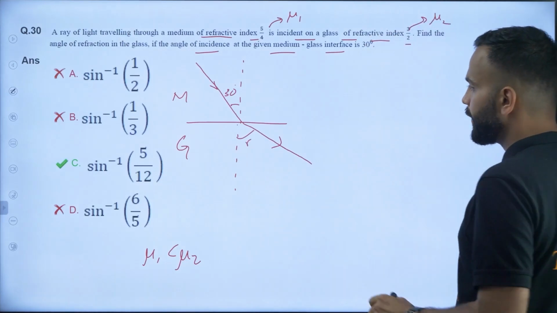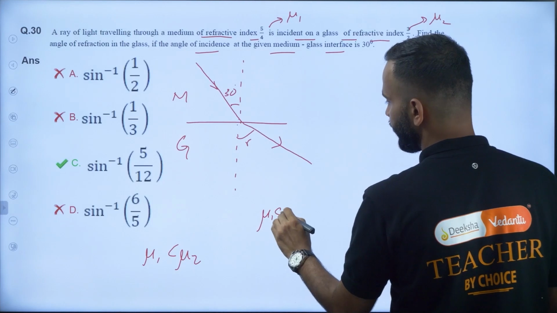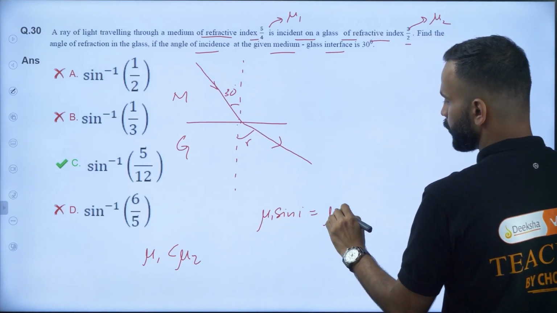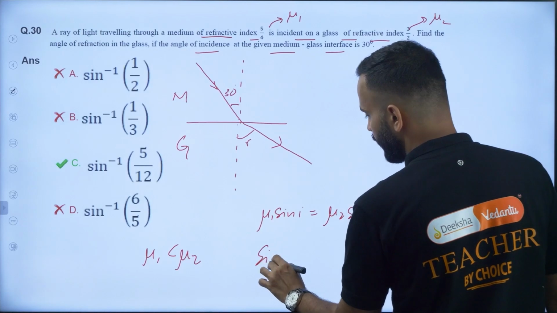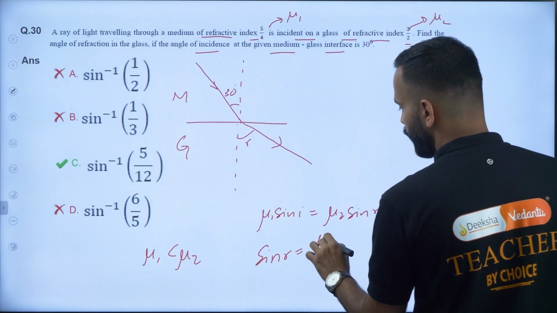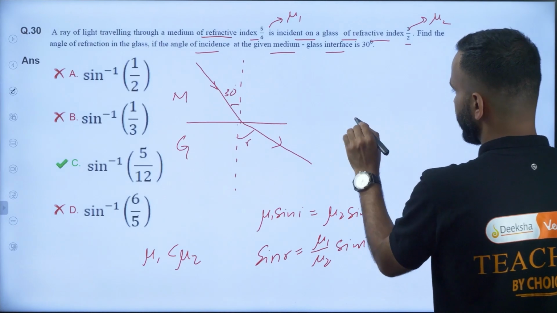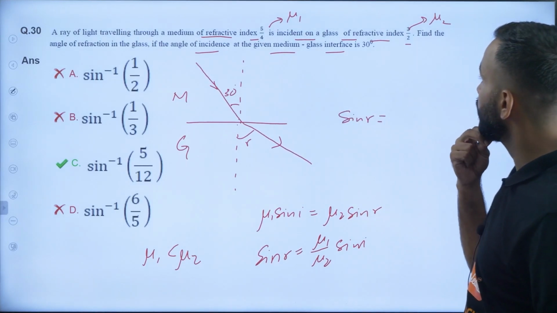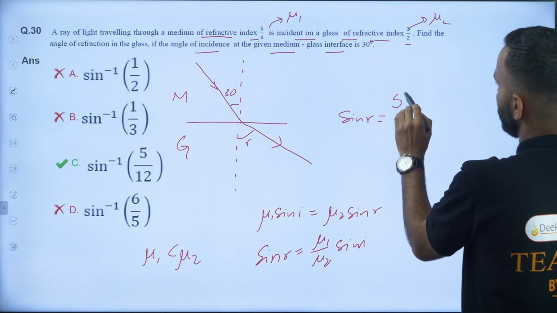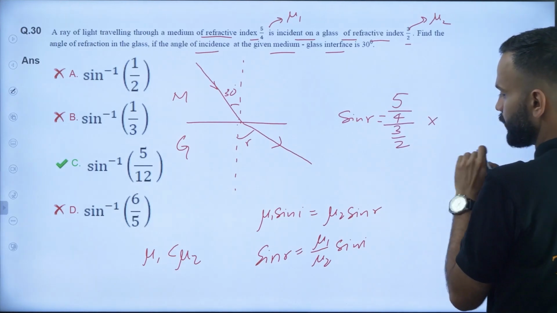Apply Snell's law at this point. So mu1 into sine i is equal to mu2 into sine r, right? So sine r is equal to mu1 divided by mu2 into sine i. Mu1 is 5/4, divided by mu2, 3/2, into sine i.